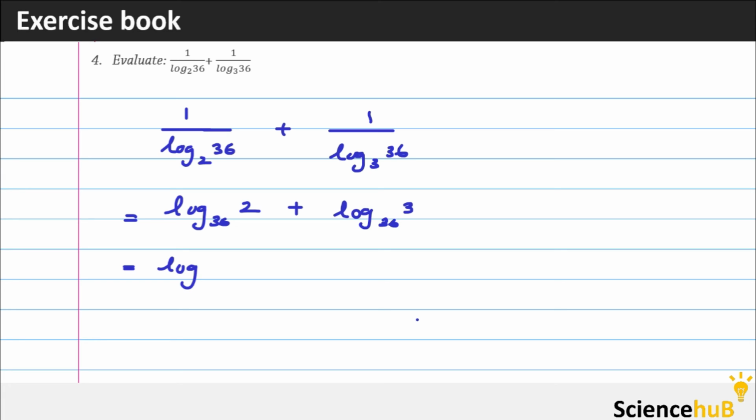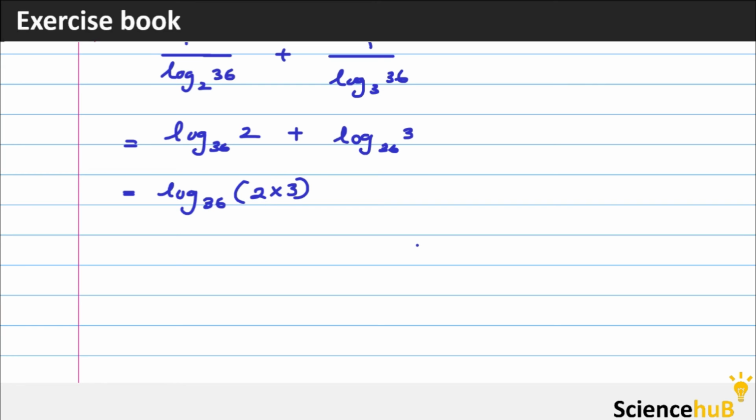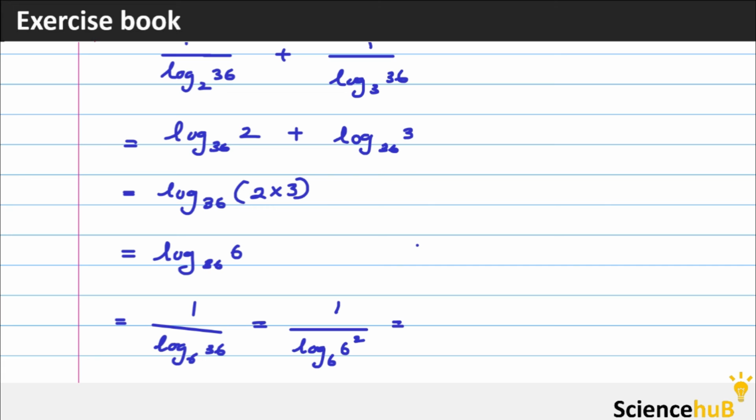So now you can use the log property, which is summation is equal to multiplication inside the logarithm. Log 6 base 36. Now you can take upside down, log 36 base 6. Okay, now you can evaluate this. What is this? Log 36 base 6 is 6 to the power 2. Now it is 2. So the answer is half.